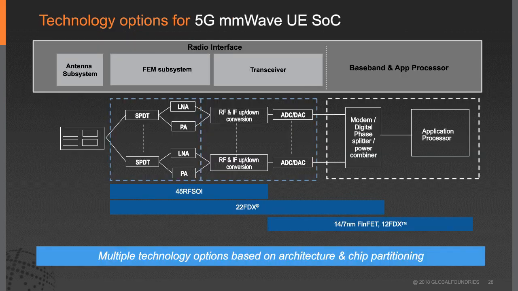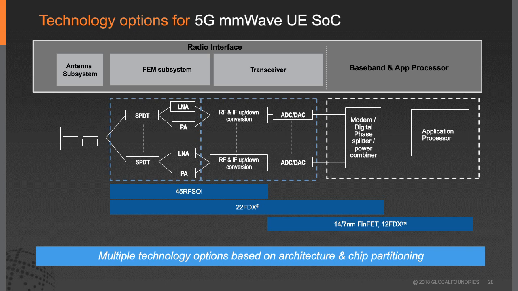And now I want to show you some system-level applications of the different technologies. So this is your front-end module with digital beamforming. You have the phased array antenna elements, you have this front end, and then you have RF up-down converter, ADC, DACs, and then you have the baseband. So you can use different technologies.